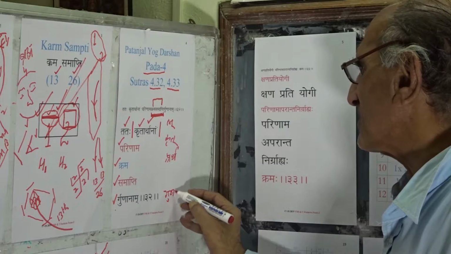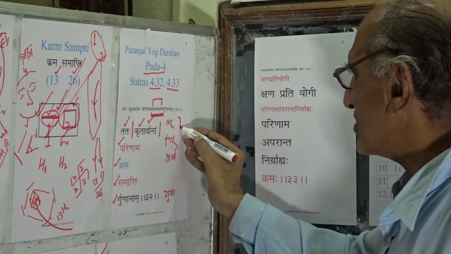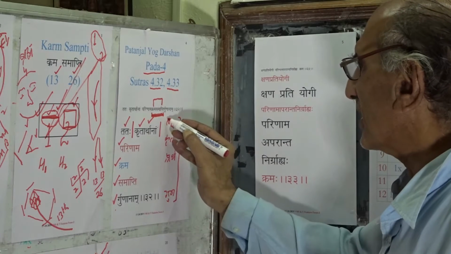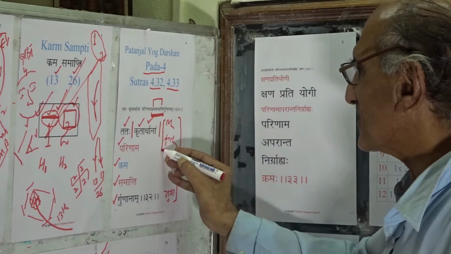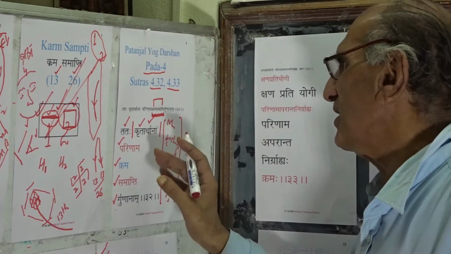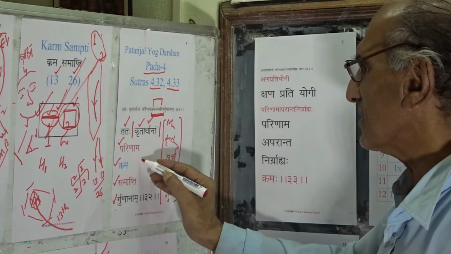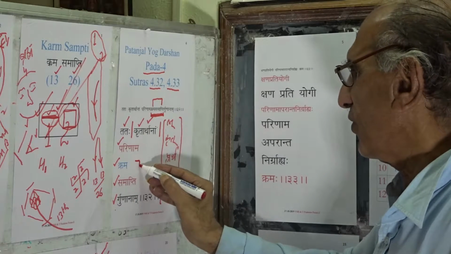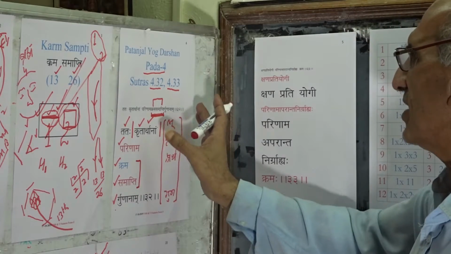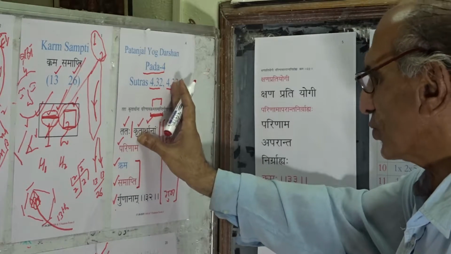These formulations deserve to be chased before we can reach at the working rule processing steps. Now, working rule processing steps of this formulation Kram Samapti are well preserved here. The full enlightenment is there in this particular sutra.